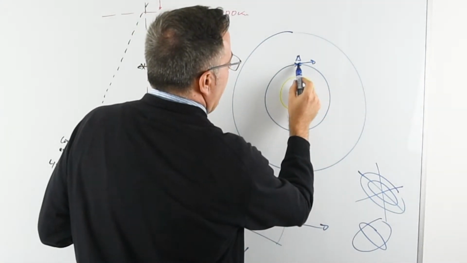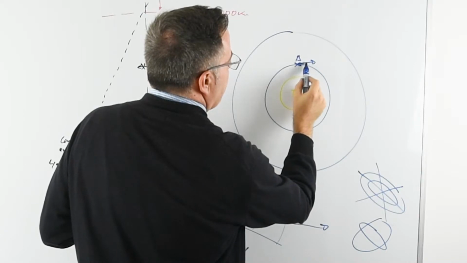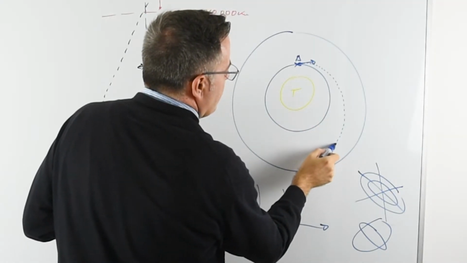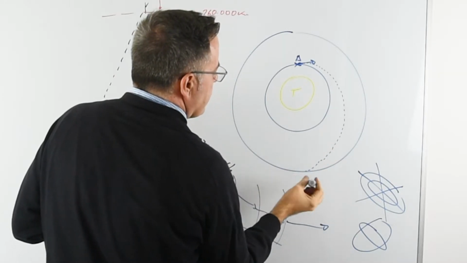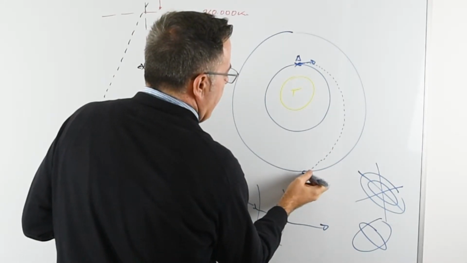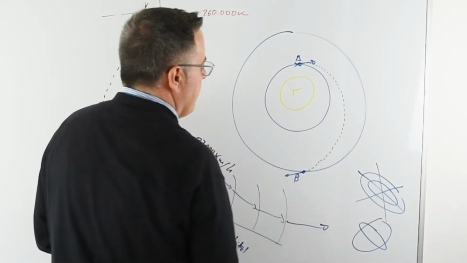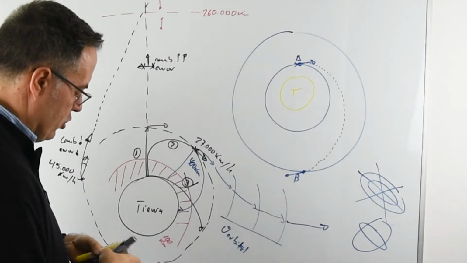If we want to move from a point A to a point B in an outer orbit, we have to just increase the speed a little bit. With this, we can force, let's say, one elliptical orbit.